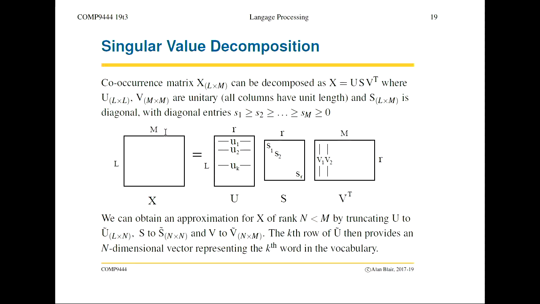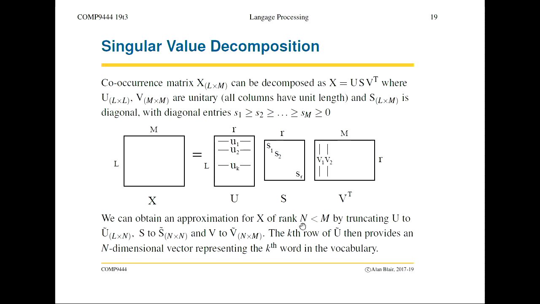So this is L by M, so we have a matrix that's L by R, a square matrix that's R by R, and a matrix that's M by R, where R is the rank of the original matrix. These numbers here are called singular values.